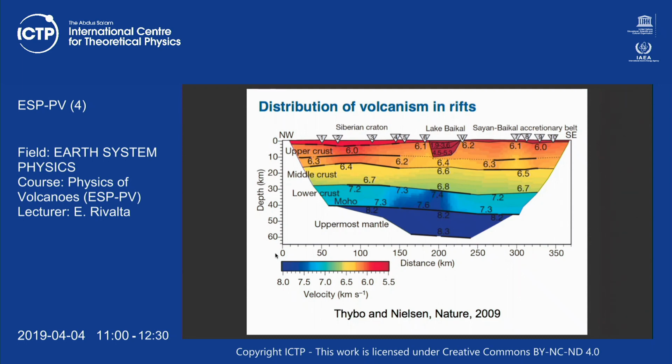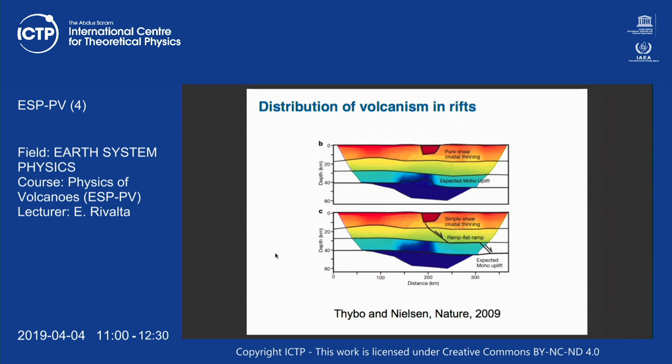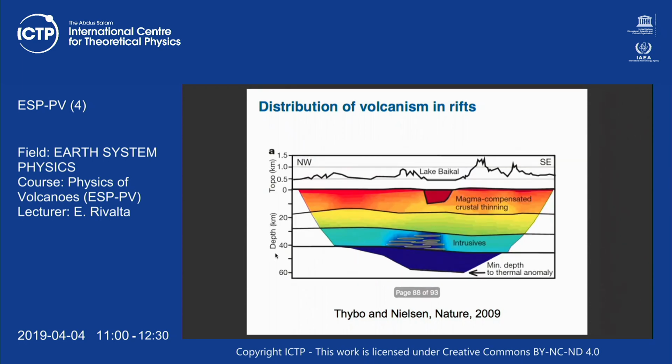And basically they interpreted it also because they saw some reflections. So they rejected these two models with an expected more uplift, and with these faults that are a ramp, flat, ramp, that is one possible model of rifting for this region. But they interpreted that here you actually have all the intrusives, and this is what increases your seismic velocity. Also they could see a lot of reflections.